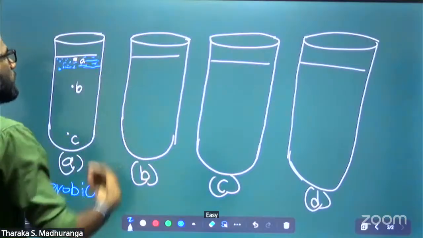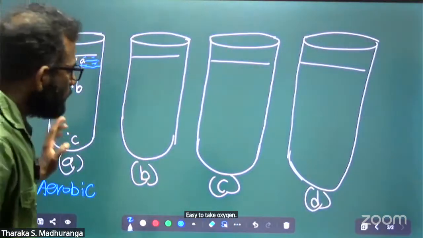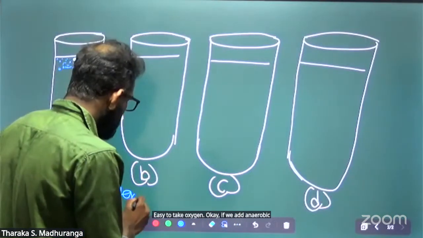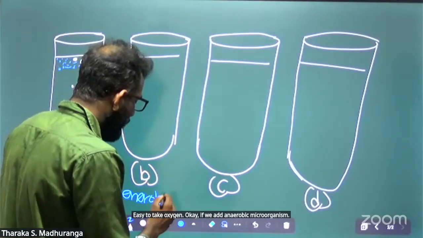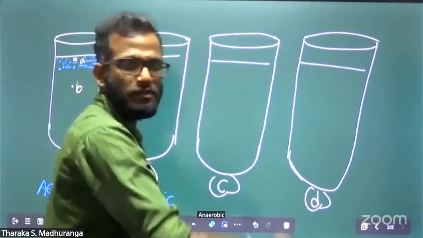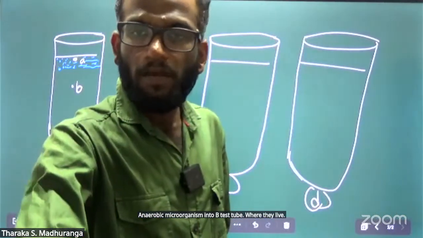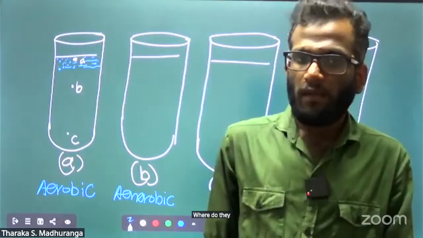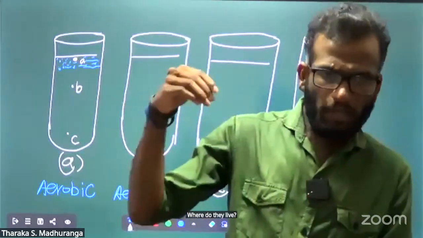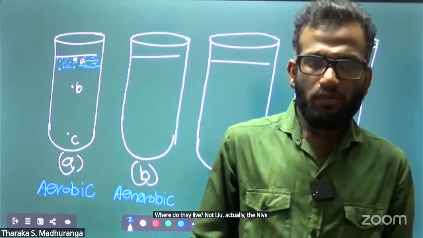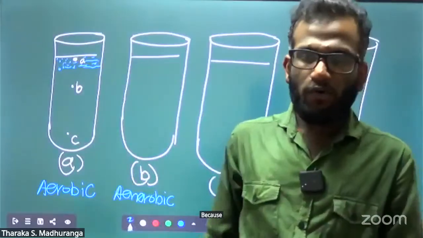Okay, if we add anaerobic microorganisms into B, where do they live? Actually, they can't live anywhere really, because water contains some oxygen.